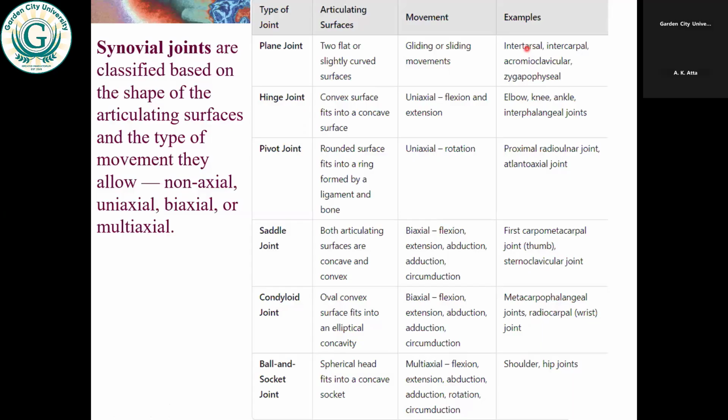Then I even mentioned the phalangeal joints. Then the pivot type of joint, we have the atlantoaxial joint and the proximal radioulnar joints.